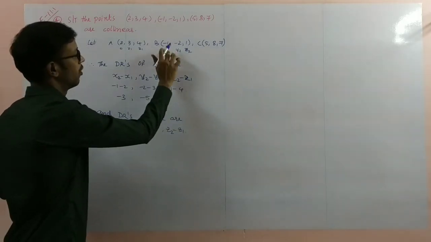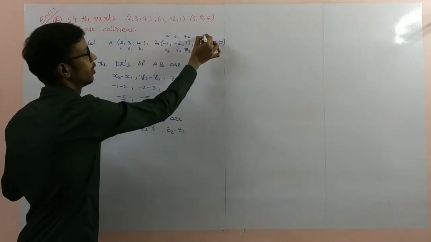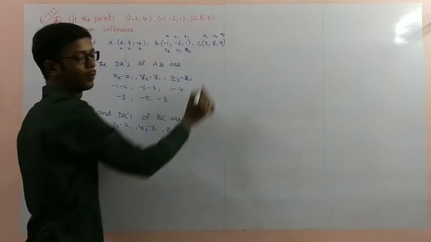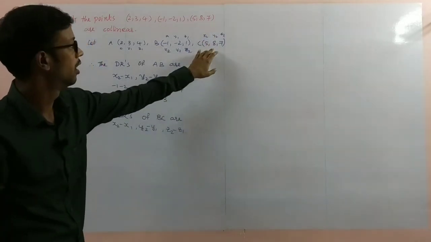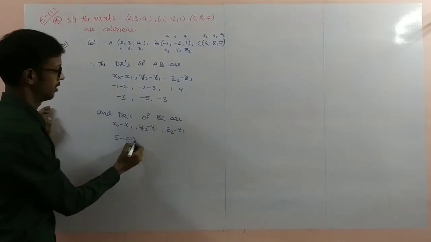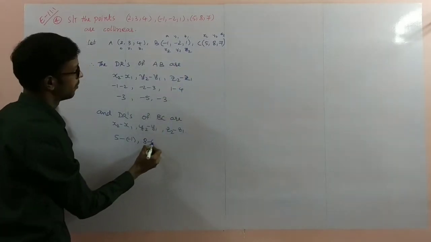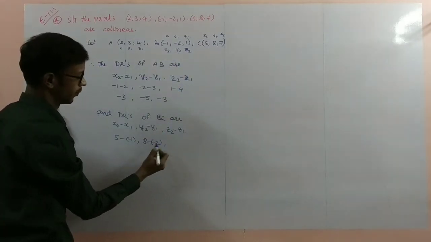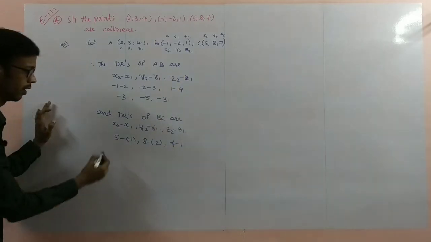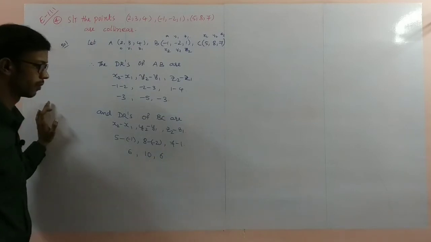Take this one as x1 y1 z1 and this as x2 y2 z2. Now substitute: x2 minus x1, 5 minus of minus 1; y2 minus y1, 8 minus of minus 2; z2 minus z1, 7 minus 1. That gives 6, 10, 6.